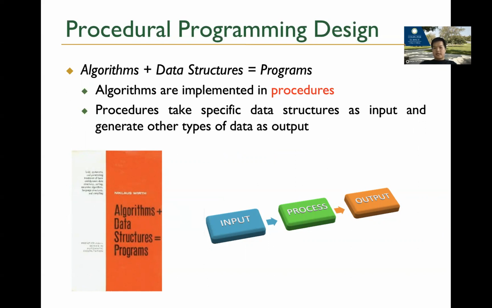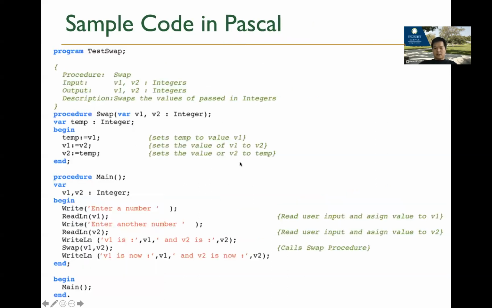And that's why data structure and algorithm is such an important course. It's still important today, but in the past, we only cared about the input and output and then the process, which is the algorithm. That's why when you're writing code, such as Pascal, you get a very clear definition of the function, the algorithm, as well as the input and output.